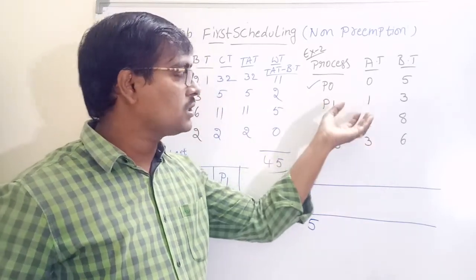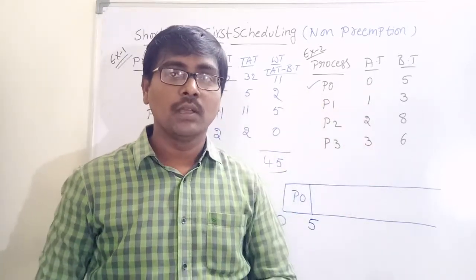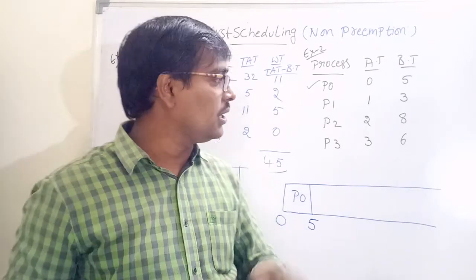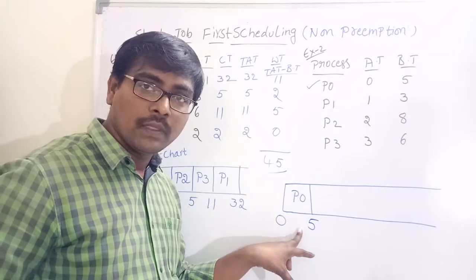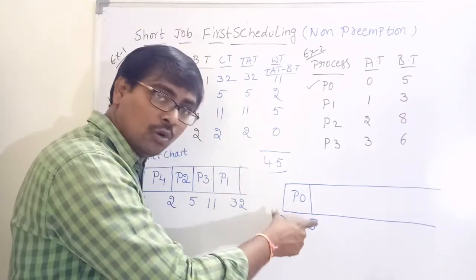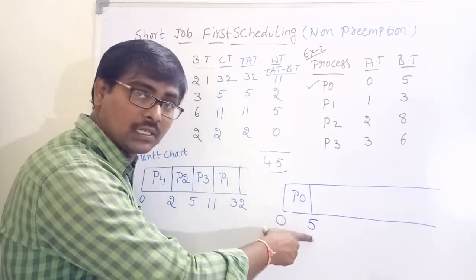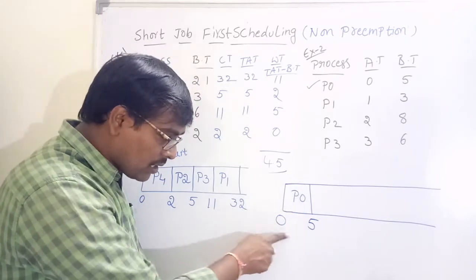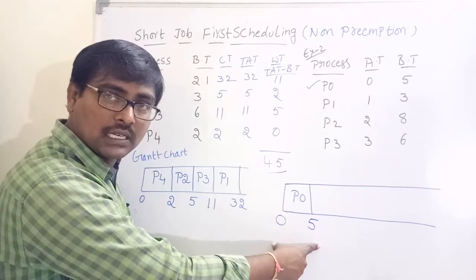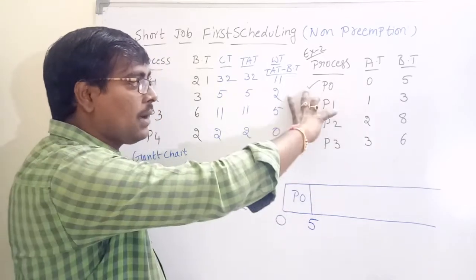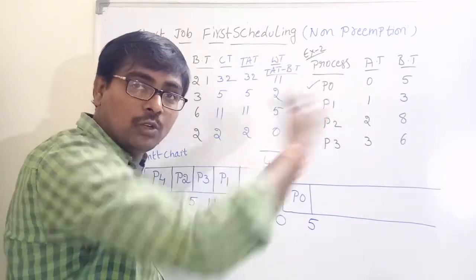And this is the running state. That is the CPU executing this process, from 0, 1 millisecond, 2, 3, 4, 5 milliseconds. Parallelly, some other processes are entered into the ready queue.